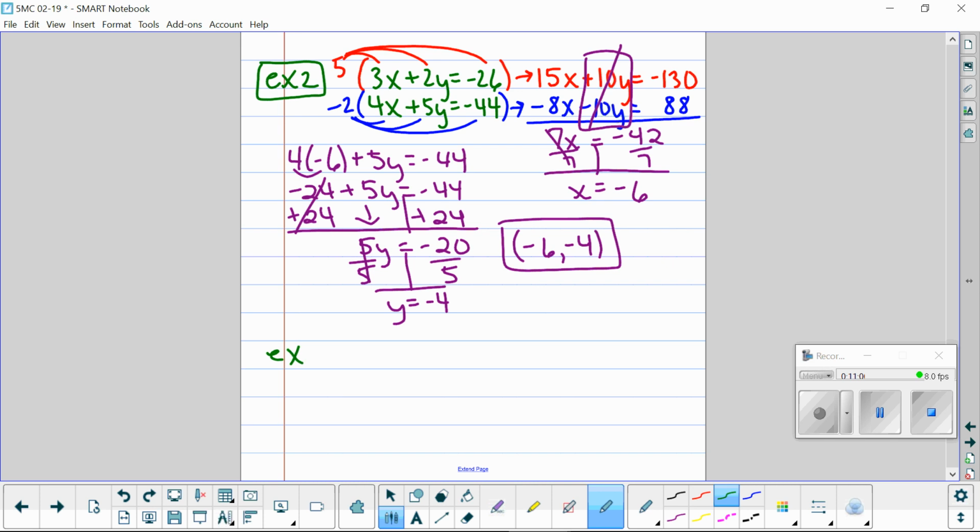So example 3 is 2x minus 3y equals 21, and 5x minus 2y equals 25.